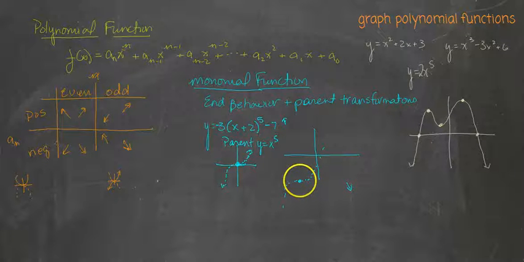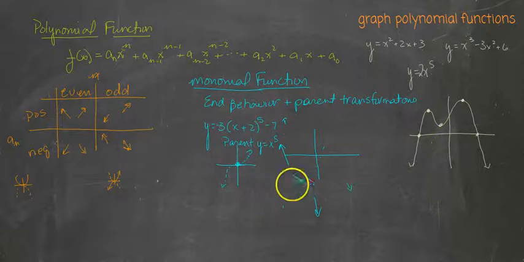So the whole thing is going to squeeze together a little bit and go this direction and then up like that. Okay, so I can actually sketch that graph pretty well, labeling this point, because if you plot a point, you have to label it, -2, -7. And then if I need to know a y-intercept or an x-intercept, I can use basic algebra to do that. So for a monomial function, end behavior, parent transformations, we're done.